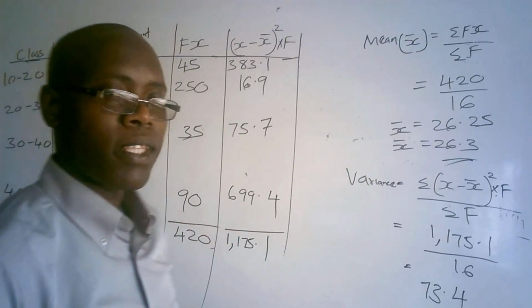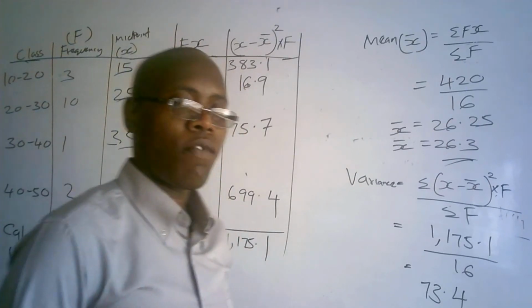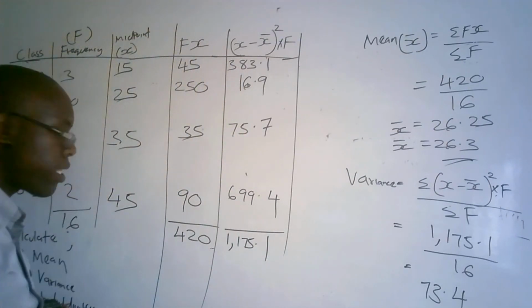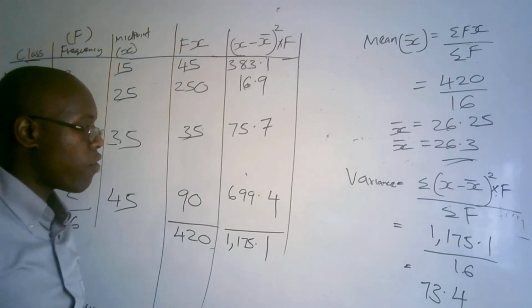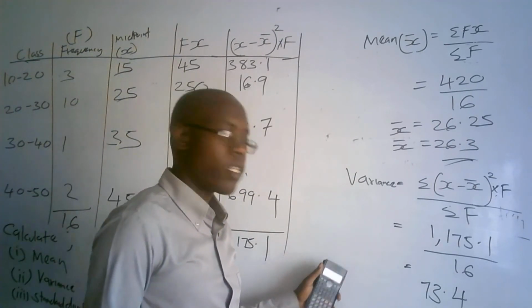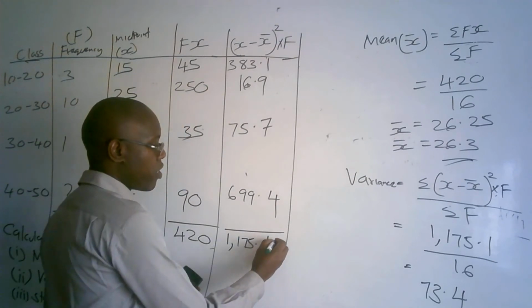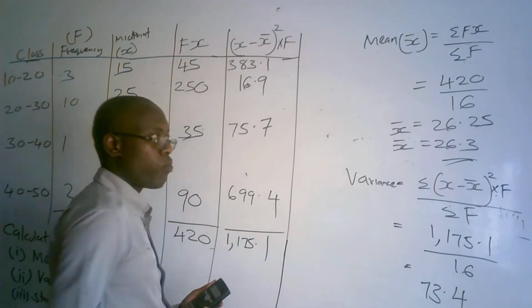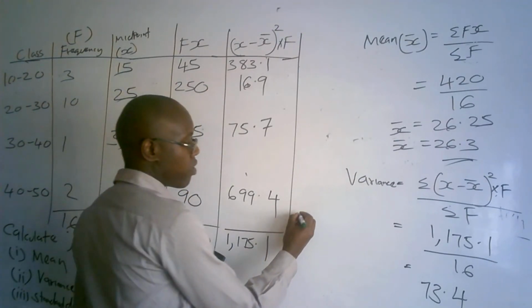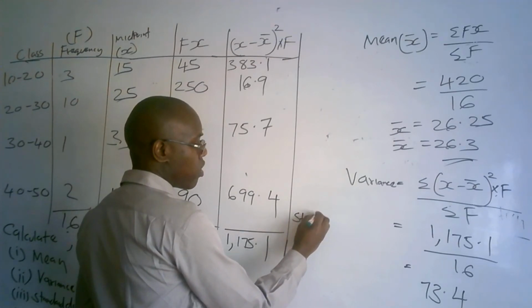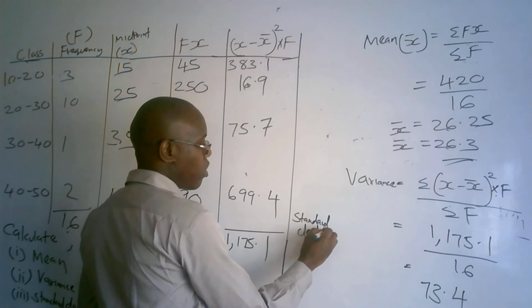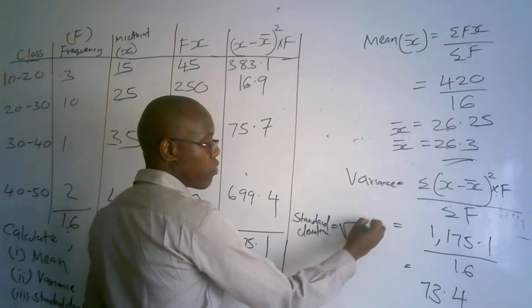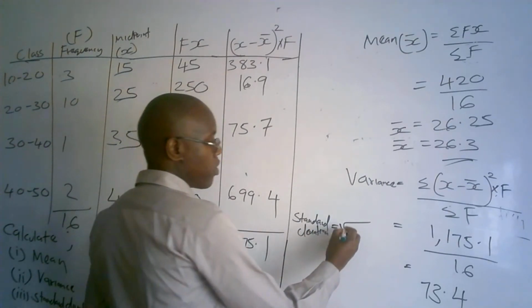And then the next thing is the calculation of the standard deviation. So remember, we said that if we want to arrive at the standard deviation, it is just the square root of variance.